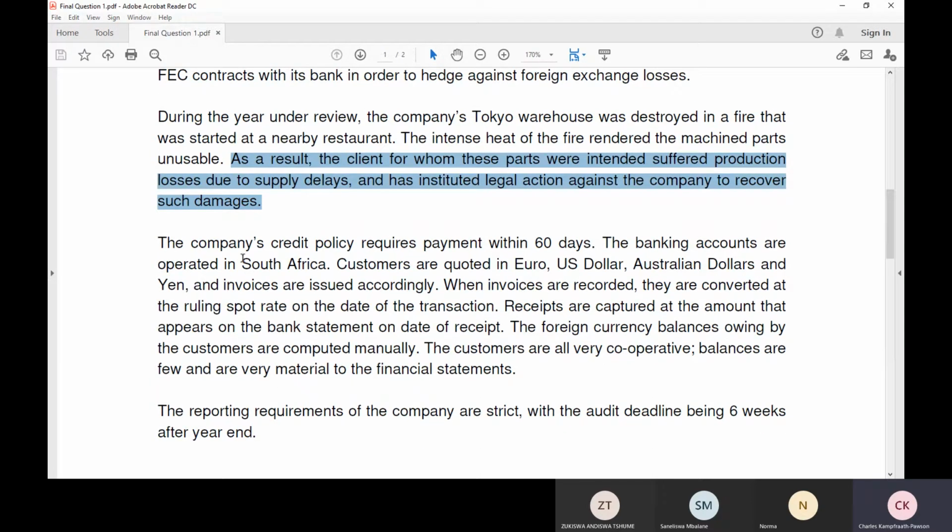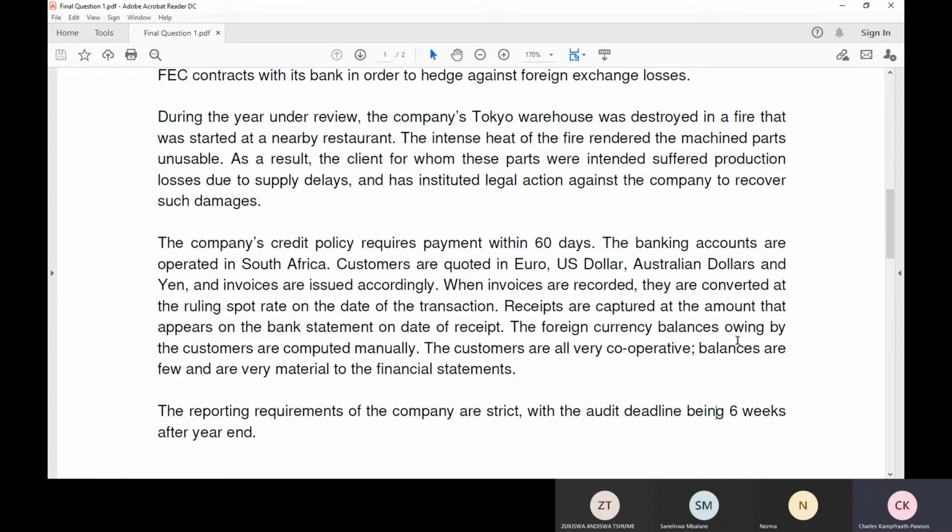Okay. The company's credit policy requires payment within 60 days. The banking accounts are operated in South Africa. Customers are quoted in euro, US dollar, Australian dollars, and yen, and invoices are issued accordingly. When invoices are recorded, they are converted at the ruling spot rate on the date of the transaction.